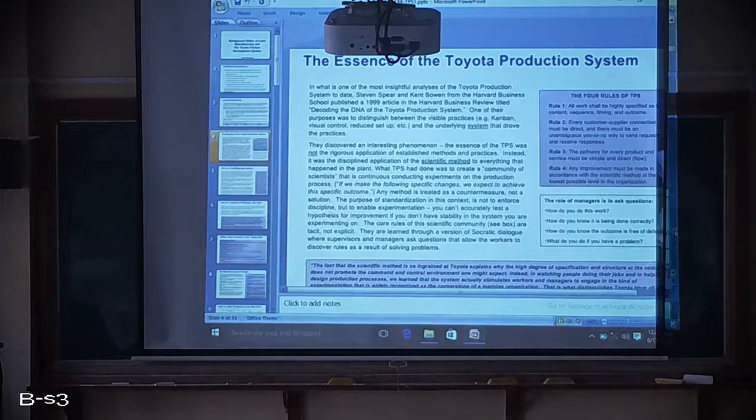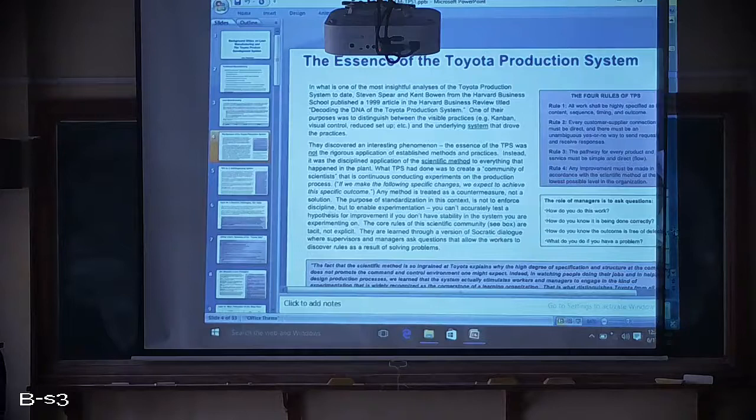Okay, so always treat it as a countermeasure only, not as a solution. The purpose of standardization in this context is not to enforce discipline, but to enable experimentation. You can't accurately test a hypothesis for improvement if you don't have stability in the system you are experimenting on. Read the sentence. It's so nice.